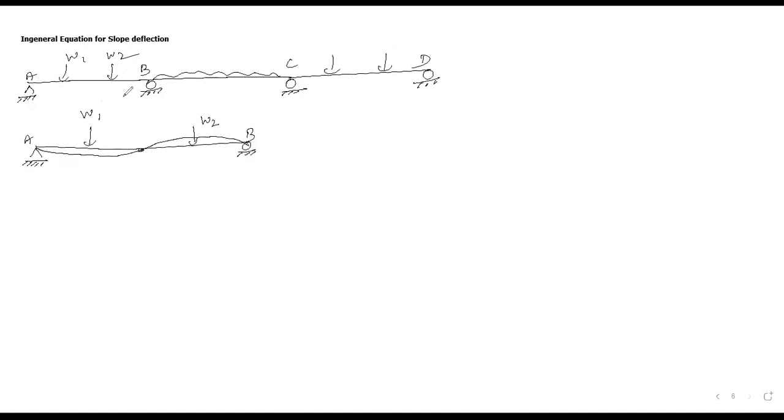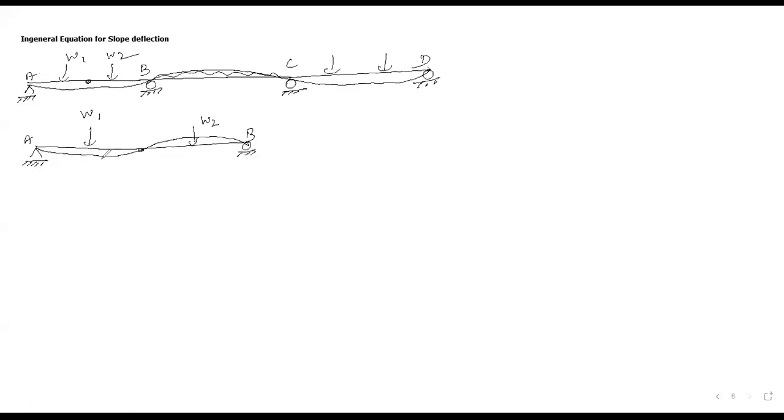Yes or no? Suppose some junction is given. Or what we can say, your beam is deformed like this. Yes or no? Such a deformed shape will occur, you have to visualize a little. Is it clear?